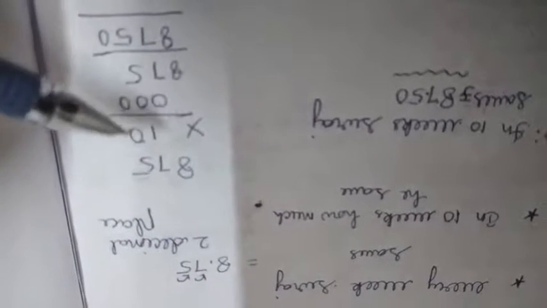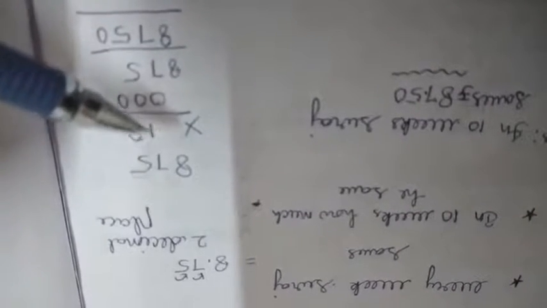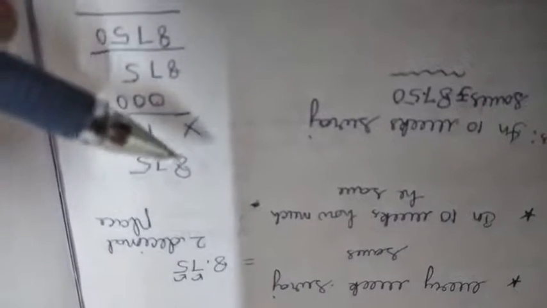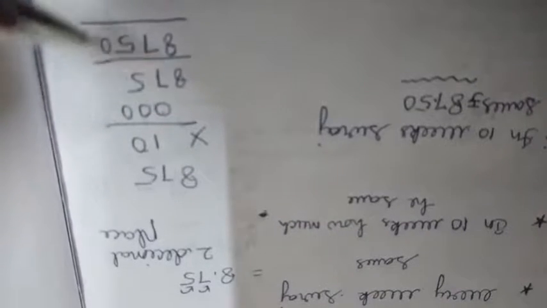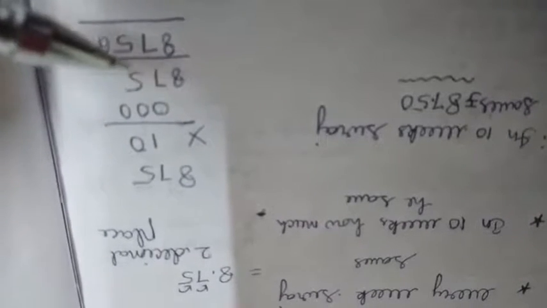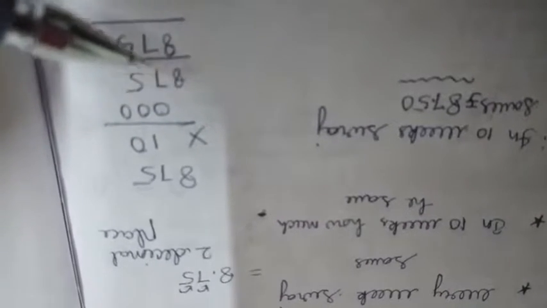Any number you multiply with 0 will become 0. So 5 into 0, 0. 7 into 0, 0. 8 into 0, 0. Now multiply with 1. 1 into 5, 5. 1 into 7, 7. 1 into 8, 8. Now add it. 0 down, 0 plus 5, 5. 0 plus 7, 7. And 8 as it is.